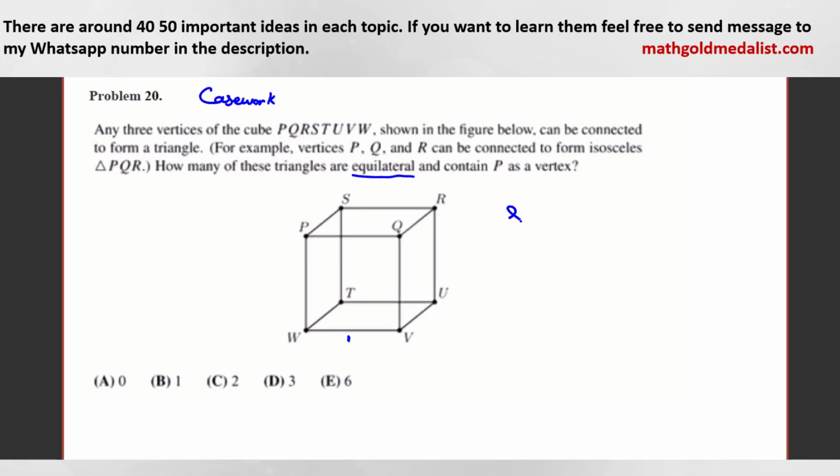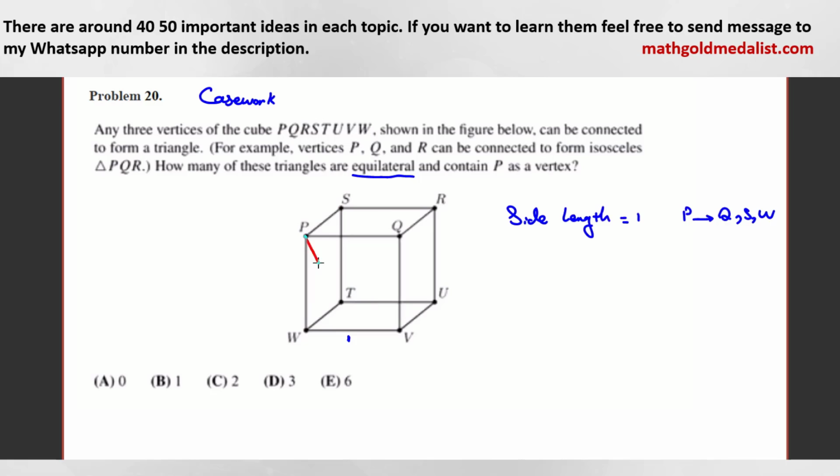So the side length can be what if we consider cases? If we connect P to Q, it can be 1. P to Q, S, and W will be 1. So if we connect P to Q, S, W, the distance is 1.